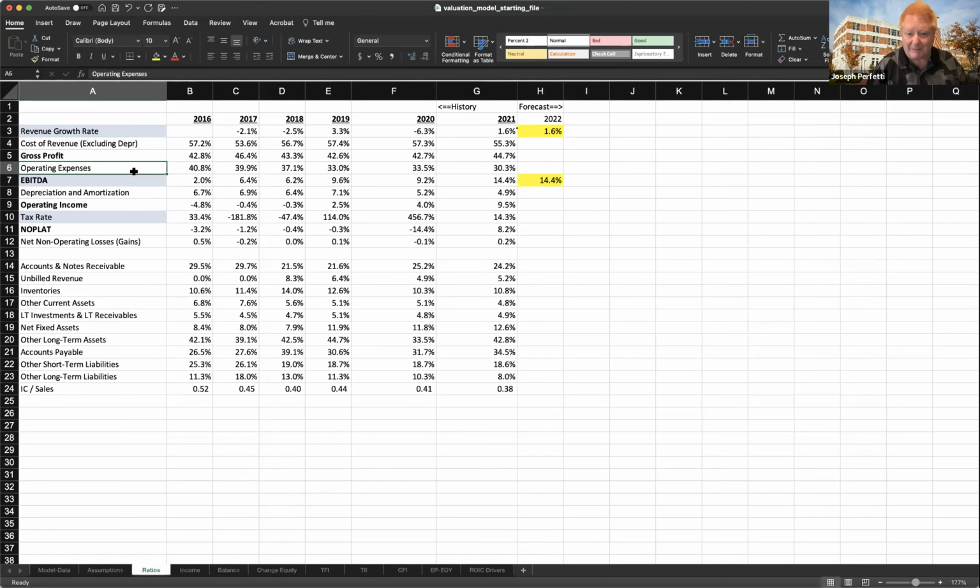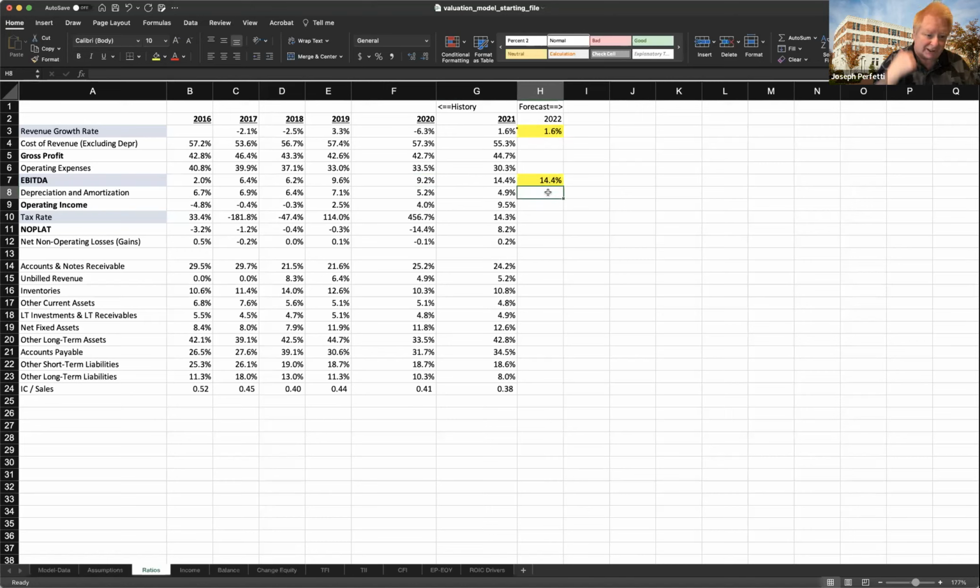If this were the real world, working at Goldman Sachs or somewhere, companies would actually care that you had forecasted the cost of revenue and operating expenses separately to get to an EBITDA. But since our model just wants the EBITDA, we're going to make it a little bit easier and this semester forecast EBITDA directly, 14.4%, skipping the previous two.